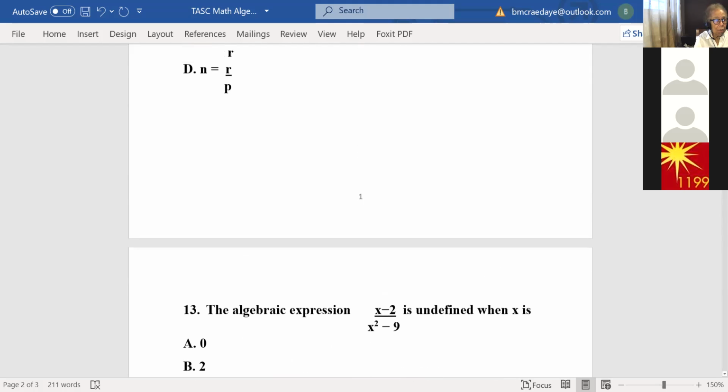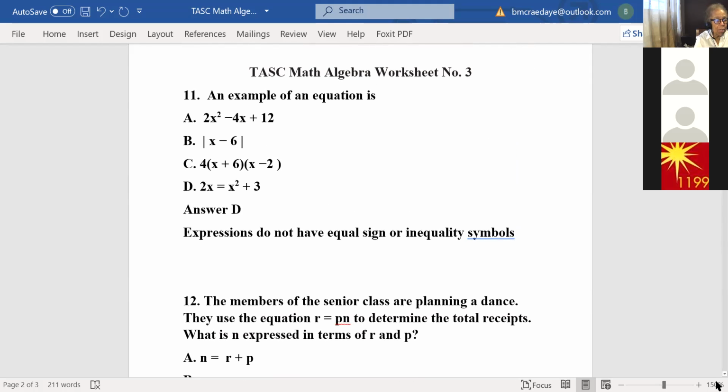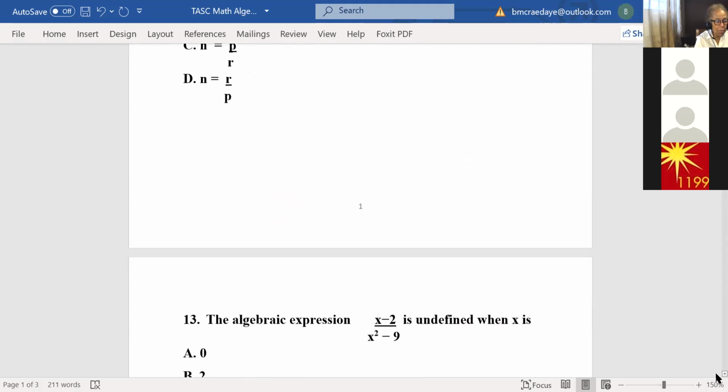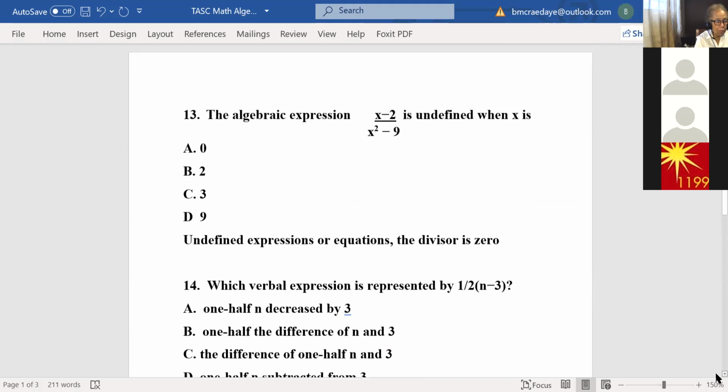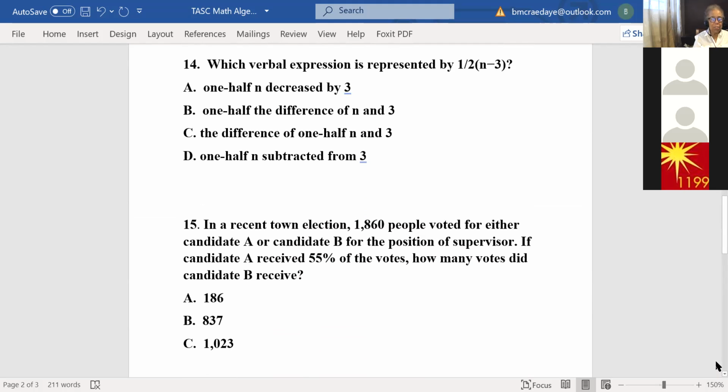So 11 we did, 12 we didn't do. Your homework is 12, 14, and 15.